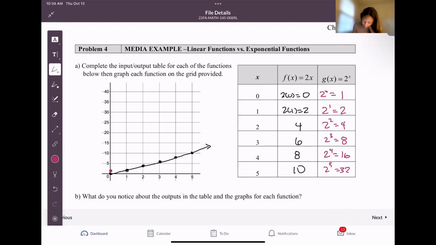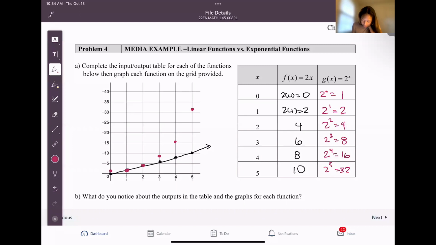Oh, well, that's the same. And then we have, what's next? (3, 8). I'm sorry, (2, 4). Almost missed one. (2, 4). Oh, look, it's the same again. And then (3, 8), (4, 16), (5, 32).